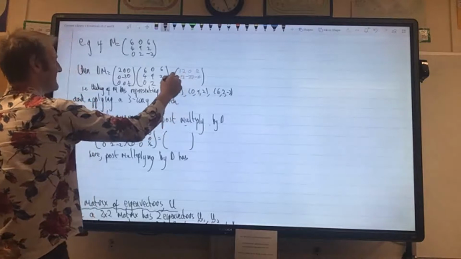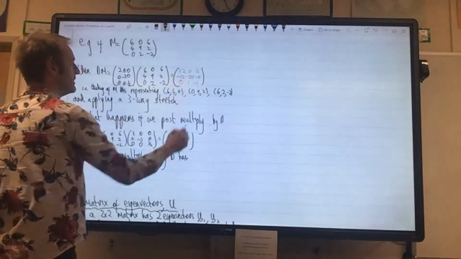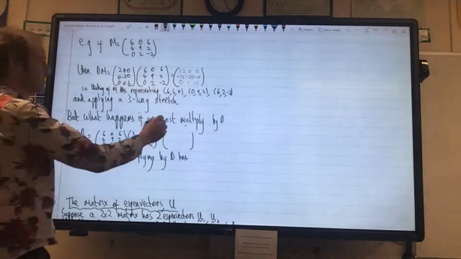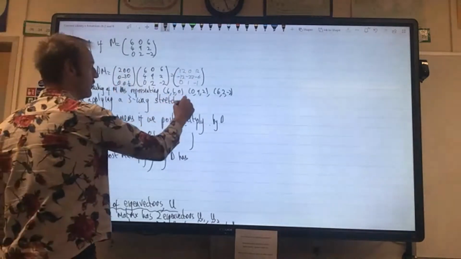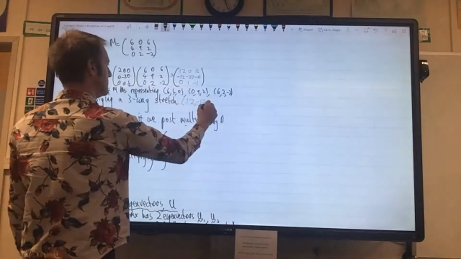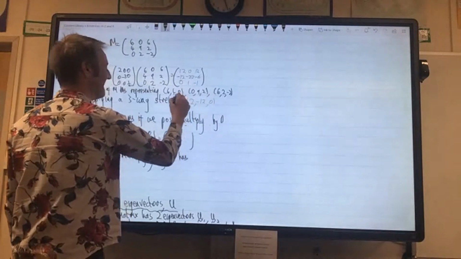In other words, all the x coordinates have been doubled, all the y coordinates have been multiplied by -3, and all the z coordinates have been multiplied by half. And so 6, 4, 0 has gone to 12, -12, 0, for example.